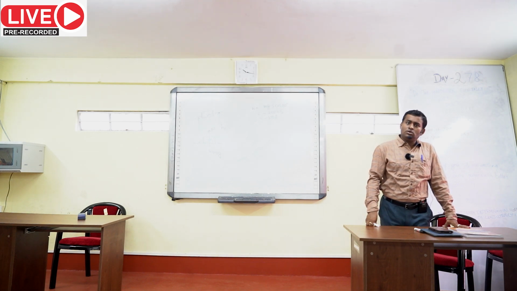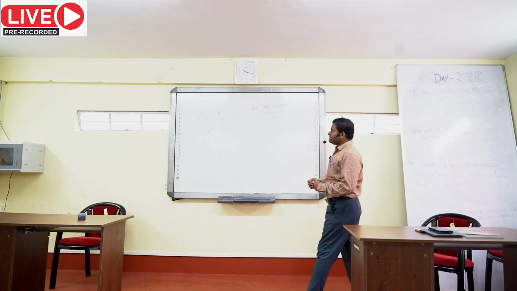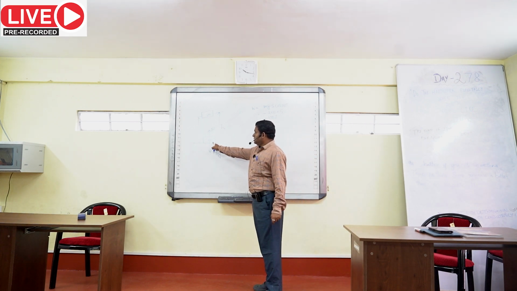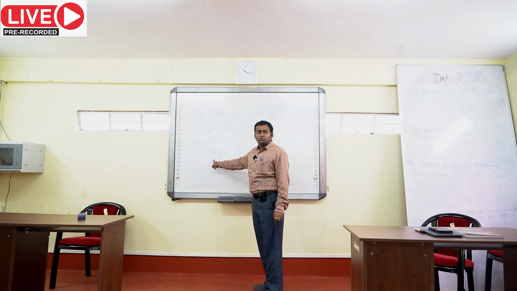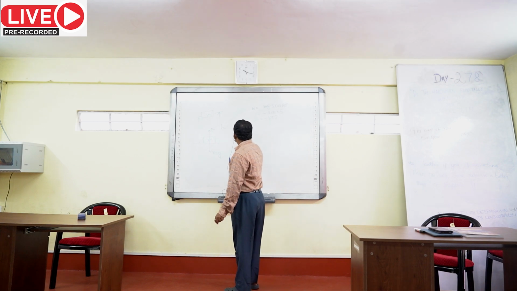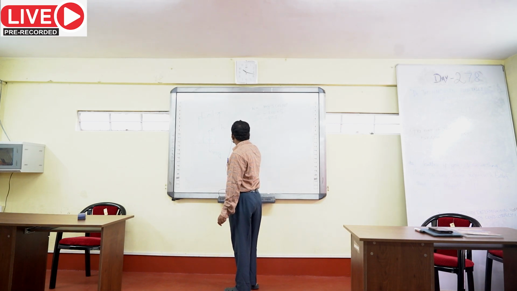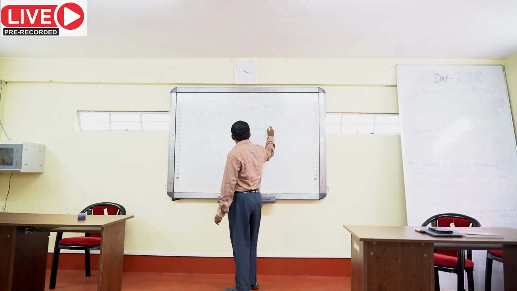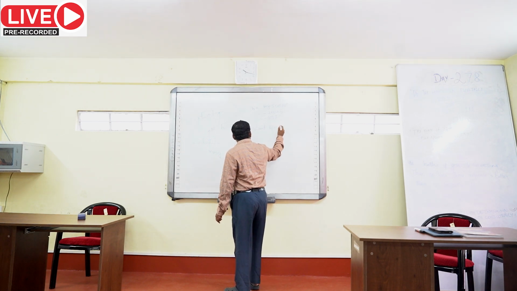Constant speed means if I write Newton's second law for this mass, F should be equal to mg. Constant speed means no net force, so the forces balance.